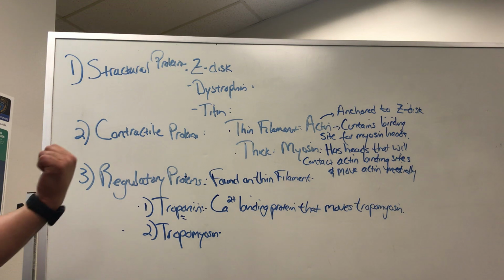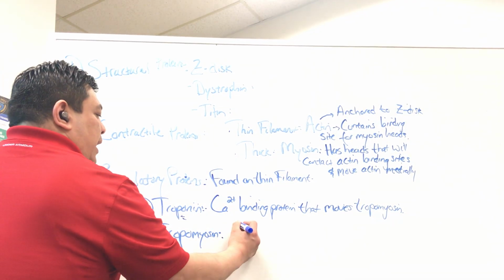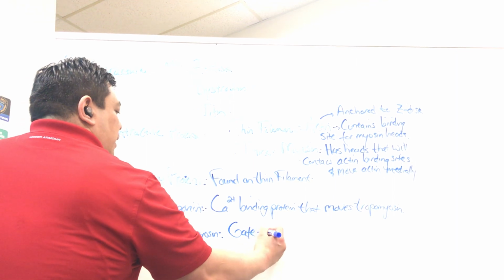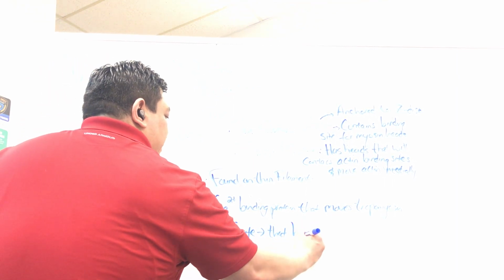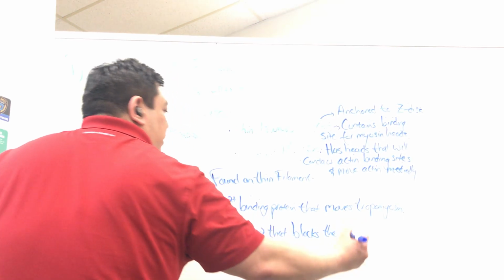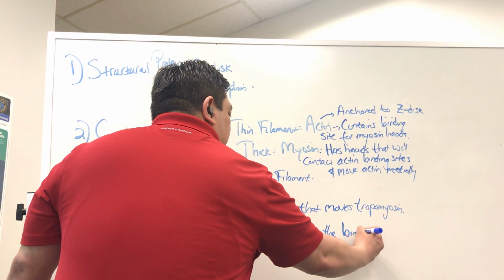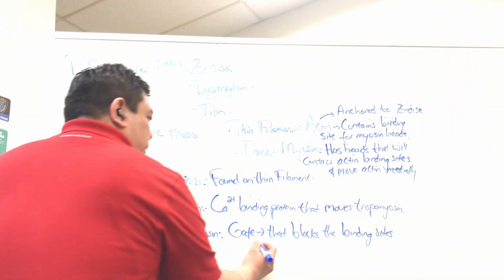Remember when I said calcium is really important? Tropomyosin is the gate. A gate that blocks the binding sites found on actin.